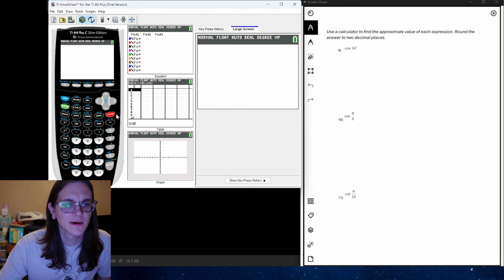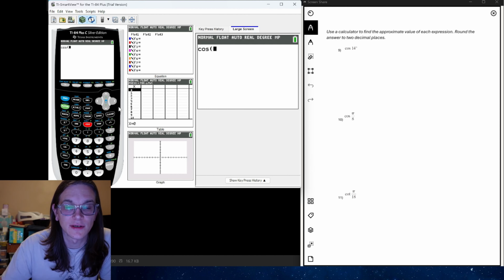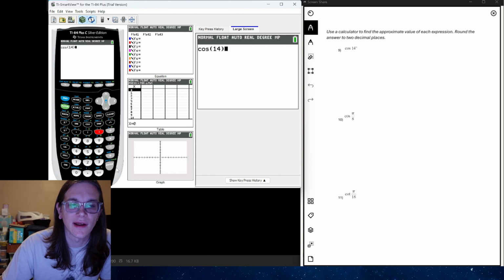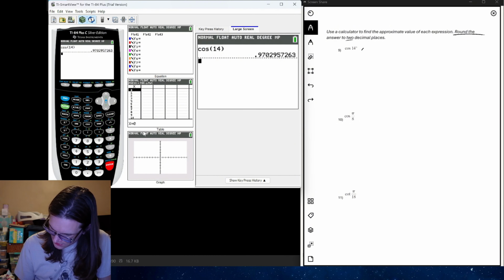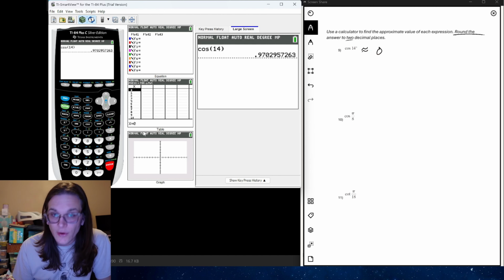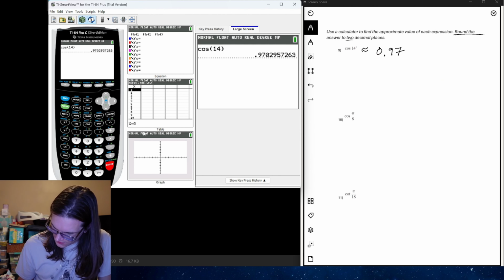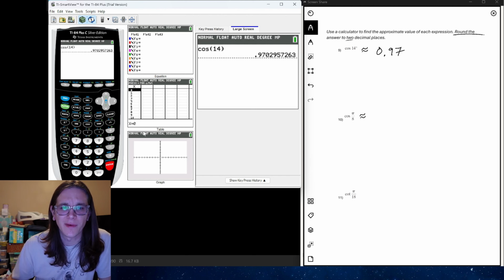Then we'll get out of there, and we're just going to click cosine, or you're going to tap it when you're using your fingers. Cosine of 14, the units are assumed to be degrees in here now. And so the answer to this, round the answer to 2 decimal places. And if you want to be particular, you write this. It's about 0.97.